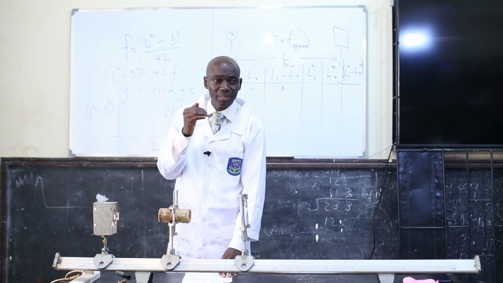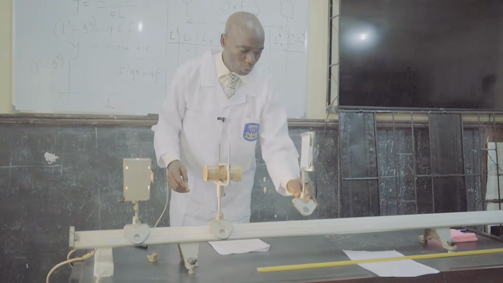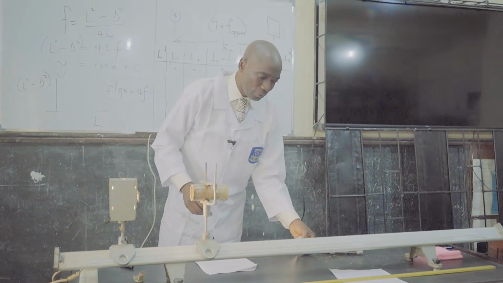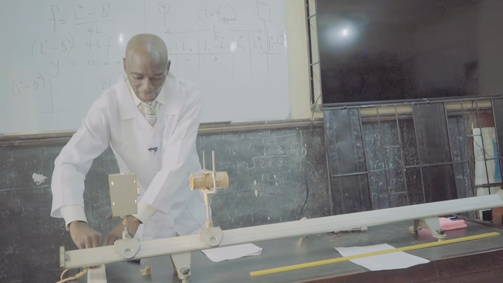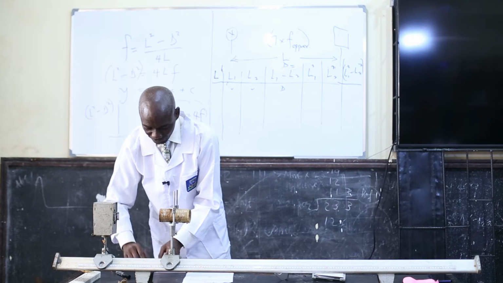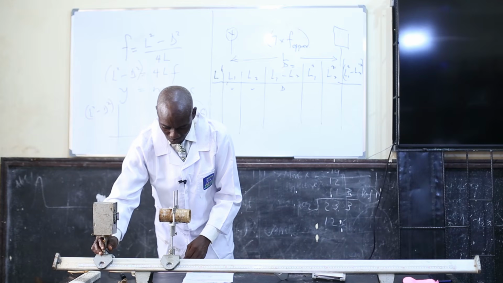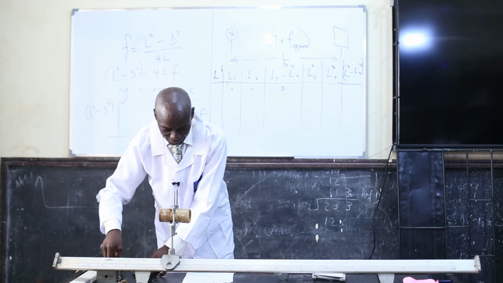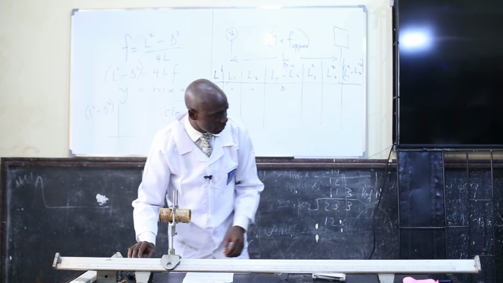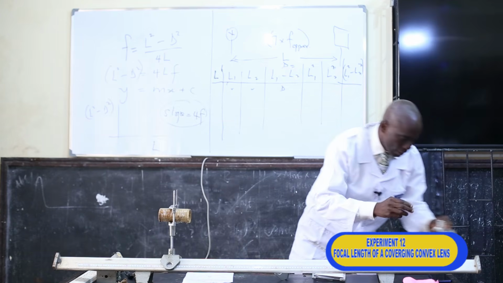But this one cannot be received on the screen. So we lower our screen, and I'll also remove the ray box. In this case, I'll be using an image.